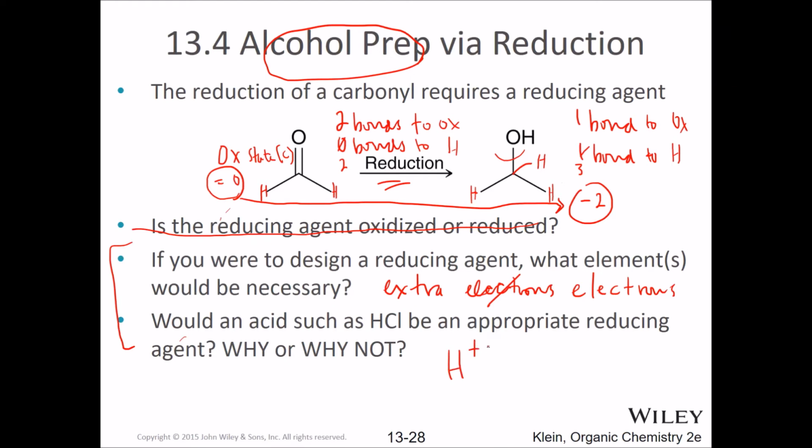Because HCl has a tendency to donate H+, and chloride is very happy all on its own. It's not going to do anything. Unreactive. And this guy has no extra electrons, right? So no, HCl would not be.